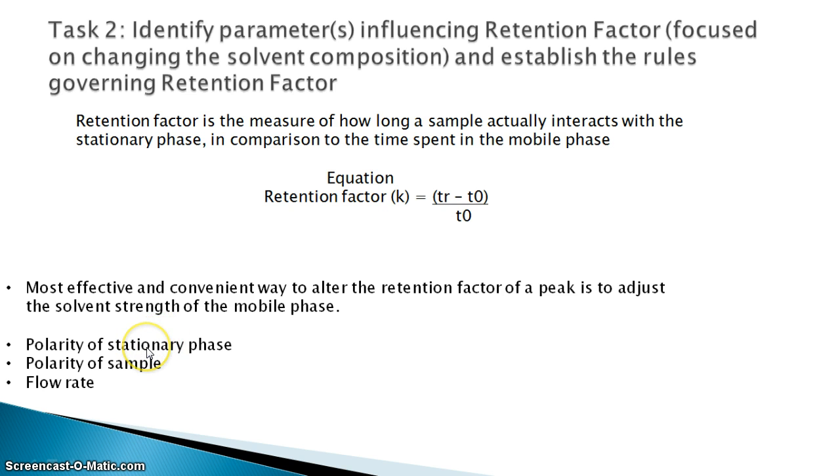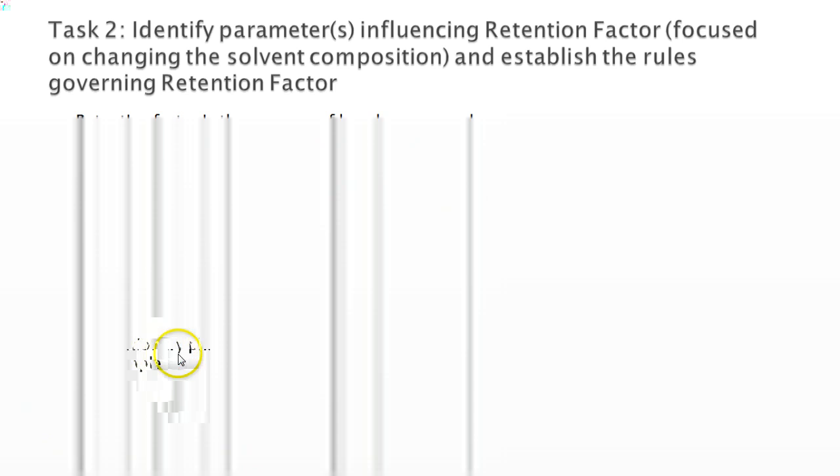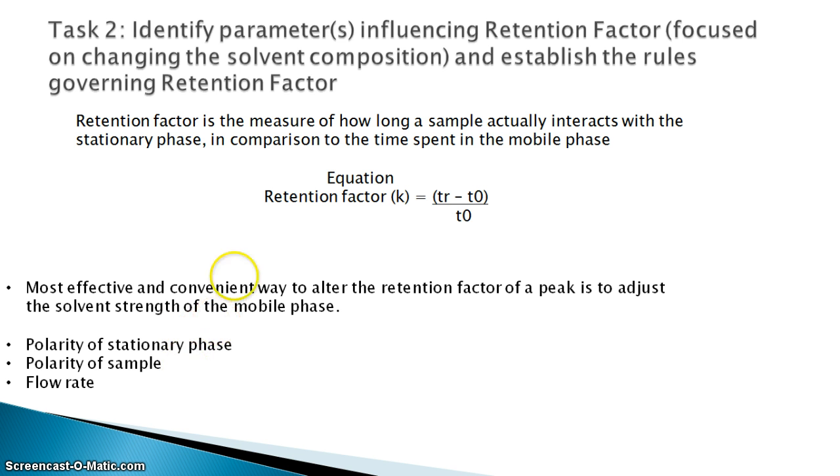So if you make the stationary phase extremely unpolar and the compound itself is unpolar, it will more likely adhere to the stationary phase and be retained in the column a lot longer. Also, the polarity of the sample might play a role. And finally, the flow rate. You can make it a lot quicker, or you can make it a lot slower.